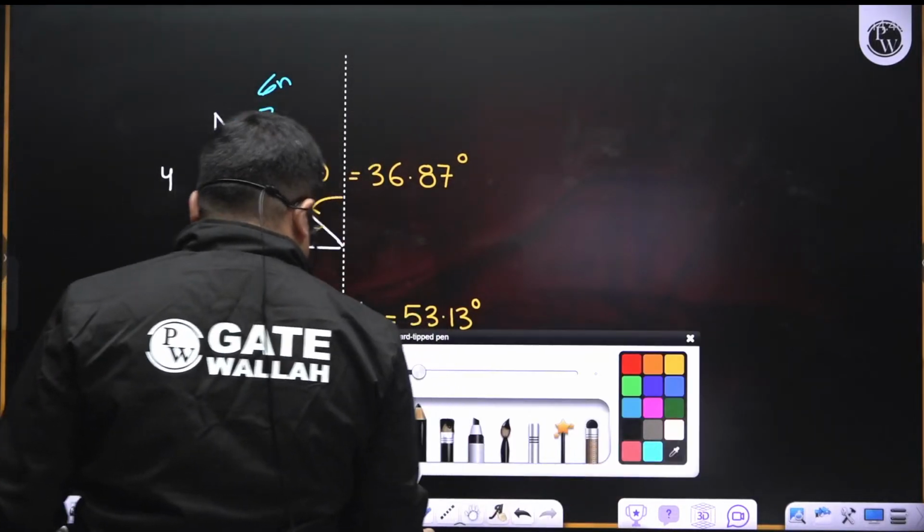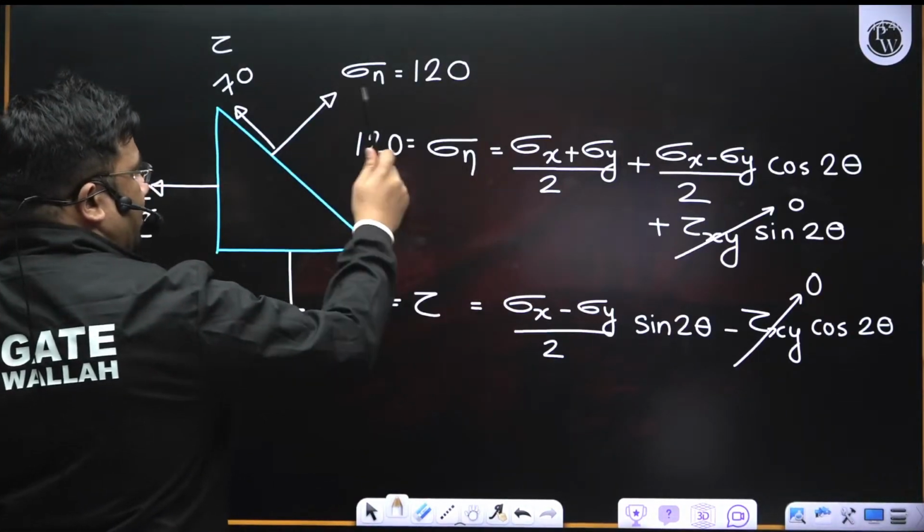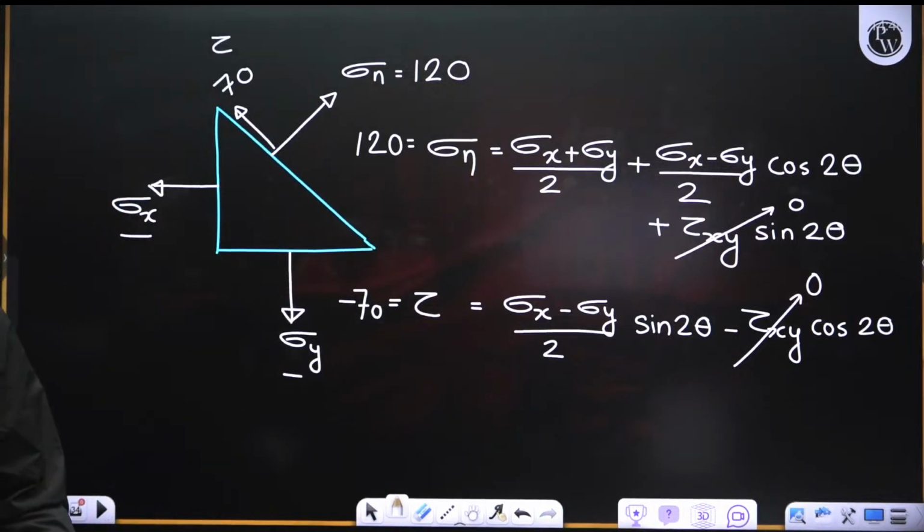Now see this equation. We got theta, so these are two equations and two unknowns. Please solve this question.